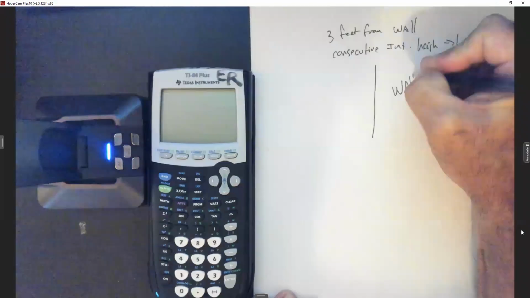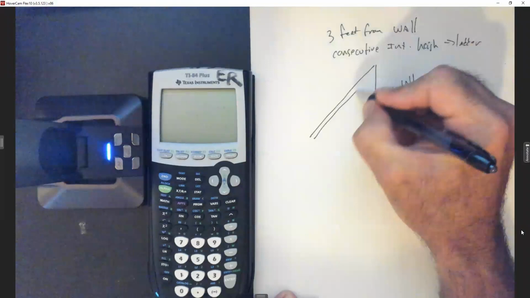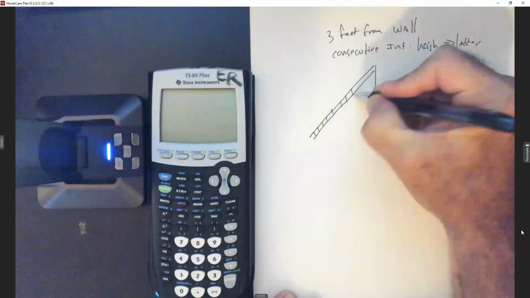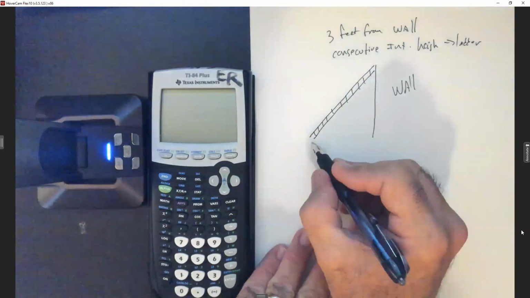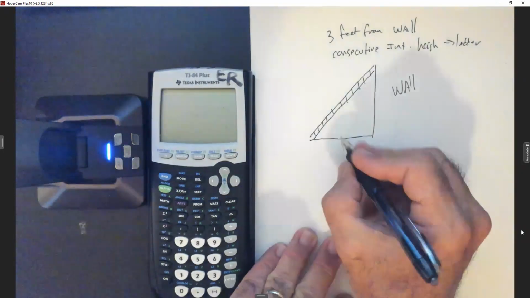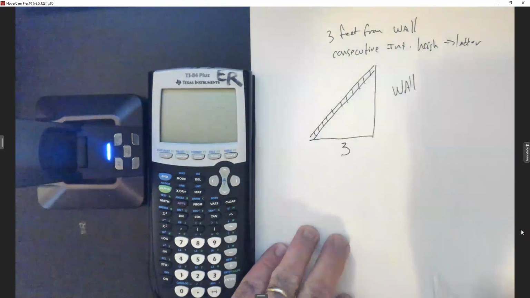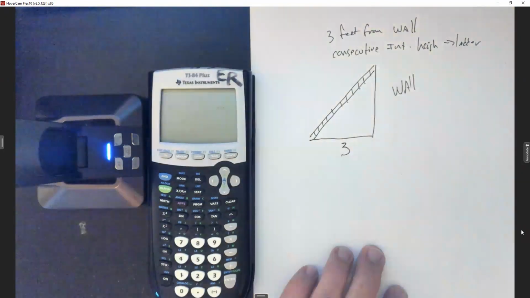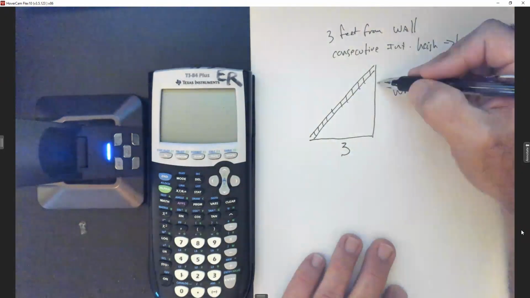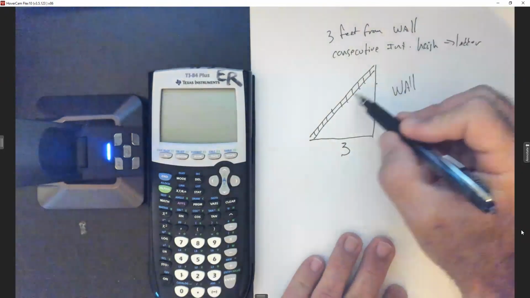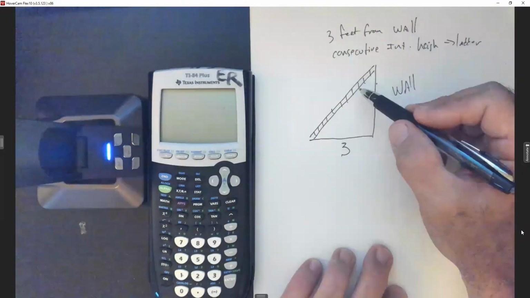All right, so here's my wall. And then I got me a ladder leaning up against it. Now, I do know that this distance the ladder is from the wall right here, they said was 3 feet. And then they told me that the height that this ladder reached on this wall and the length of this ladder were consecutive integers.